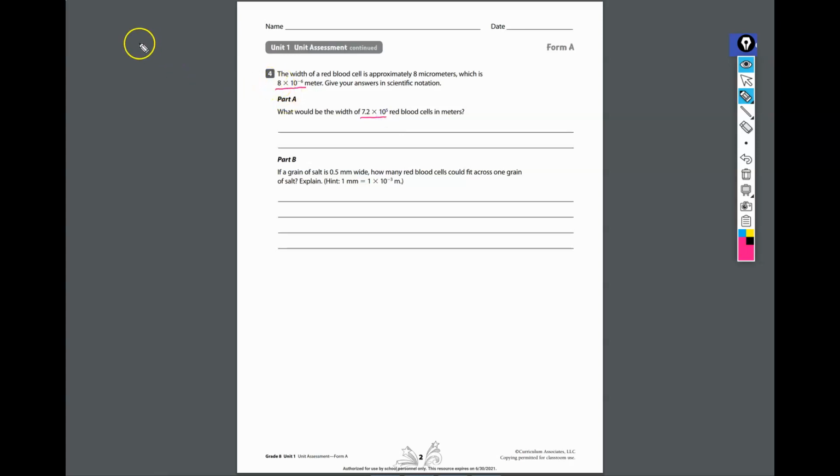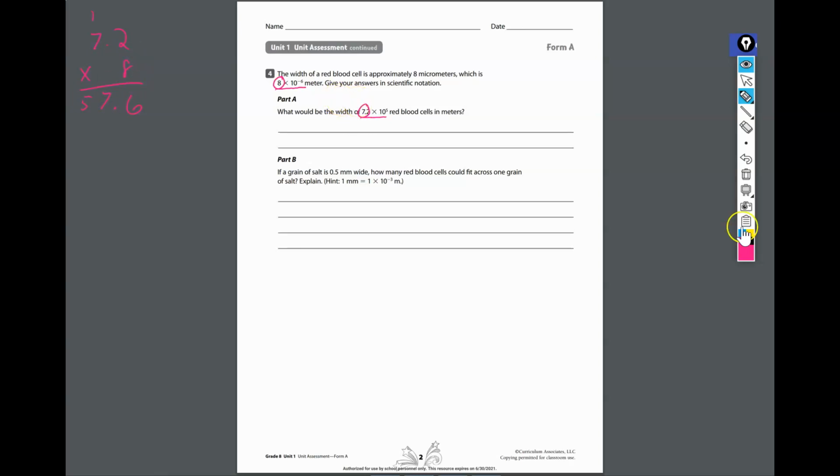So what we're going to do is multiply 8 and 7.2 together. 7.2 times 8. 8 times 2 gives me 16. Carry the 1. 8 times 7, 56 plus 1, 57. Go over one decimal place.